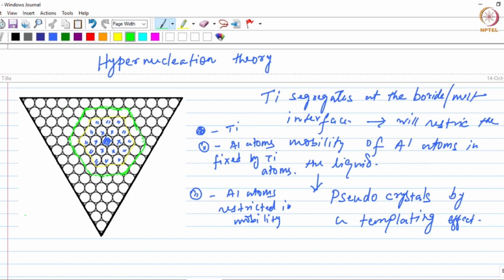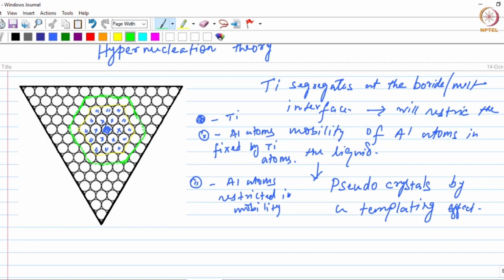So that is the probable extent of the restrained interfacial atoms. If I look at this entire outline shown in green color, this is the probable extent of restrained interfacial atoms.